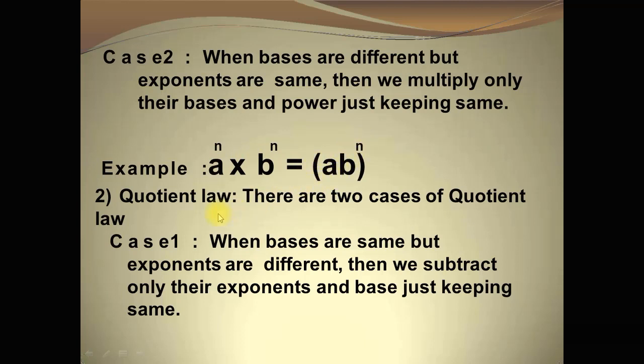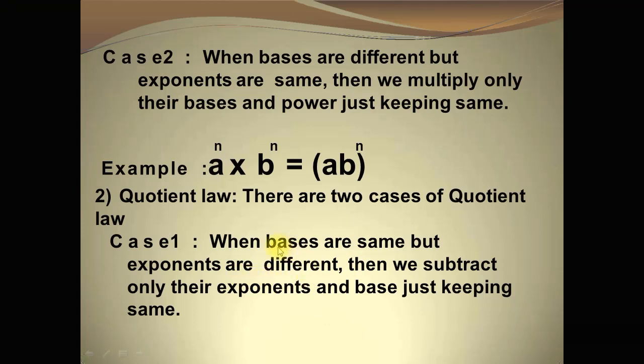Now the second law, which is called the quotient law. There are also two cases of the quotient law. Case number one: when bases are the same but exponents are different.